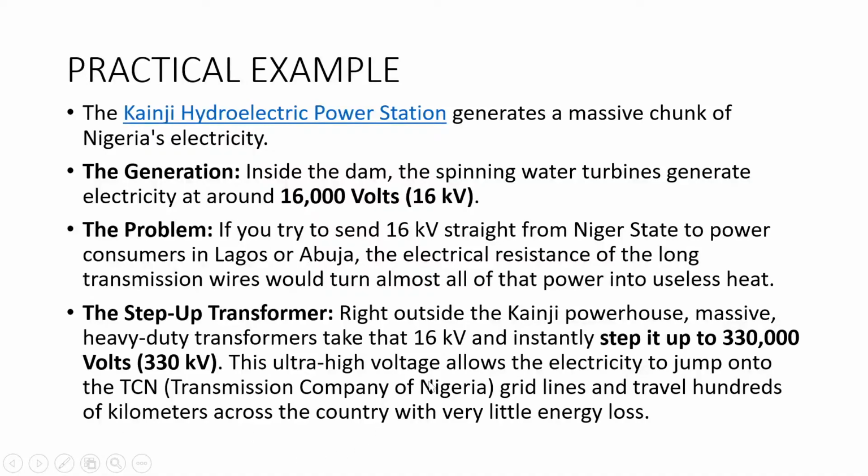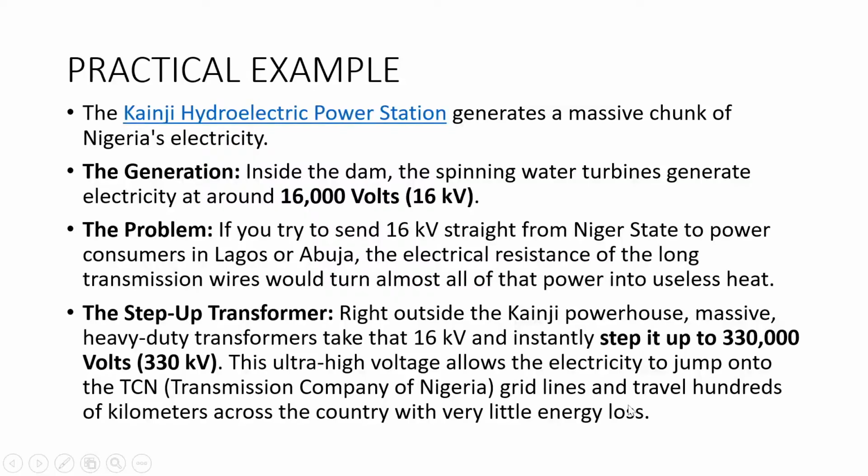So what this is telling us is that the 16 kilovolts that was generated is not enough to be transmitted long distance from Niger State to Lagos, Abuja, Port Harcourt and so on. So it had to be stepped up to 330 kilovolts using a step-up transformer. This 330 kilovolts is enough to be transmitted through the transmission lines over hundreds of kilometers. I hope that makes sense.